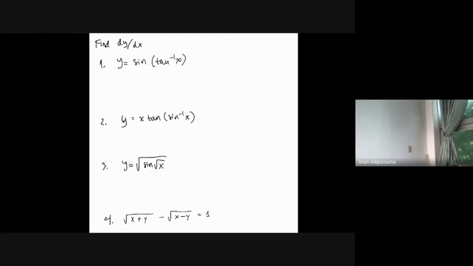So this will be cos of tangent inverse x, and from here, the theta that we already defined here, cos theta is 1 over. So we just multiply, right? So that's the answer.